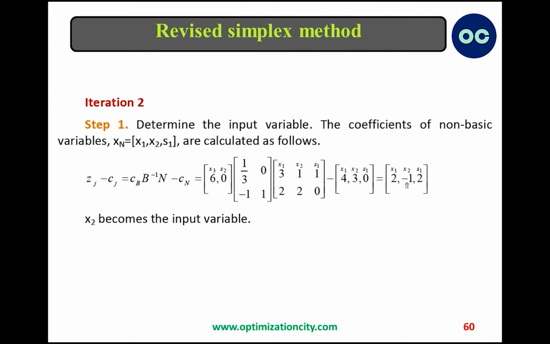In the second iteration of the algorithm, we perform the following steps. Determine the input variable. We calculate the coefficients of the non-basic variables in the objective function. xN is x1, x2, and s1 as follows. So you can see that x2 is the input variable because it is the only variable that has a negative coefficient in the objective function.